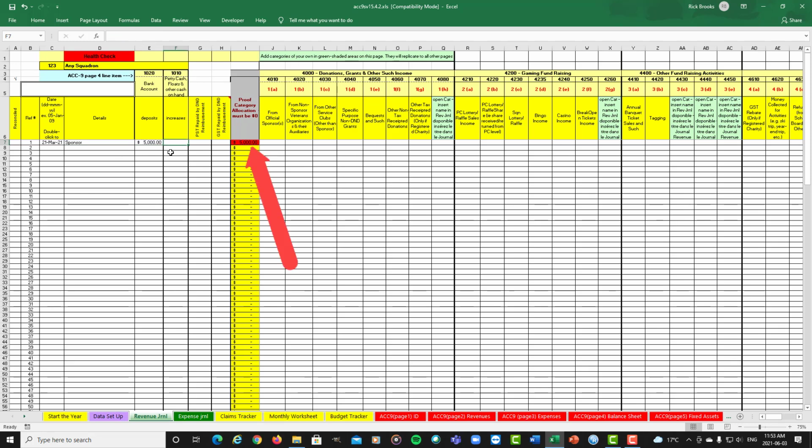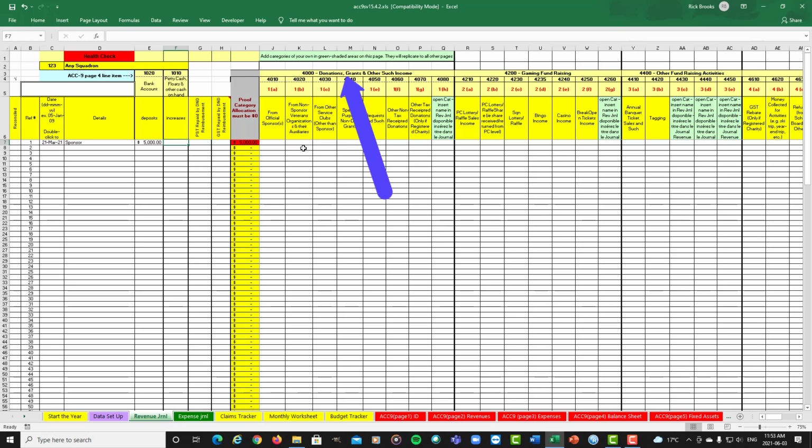Now, as soon as we put that in, we see that the proof category now has a number in it of $5,000 and has gone red. So that means on the right-hand side of the proof category, we need to enter $5,000 into the right category. Now the right-hand side is broken into 5 main sections.